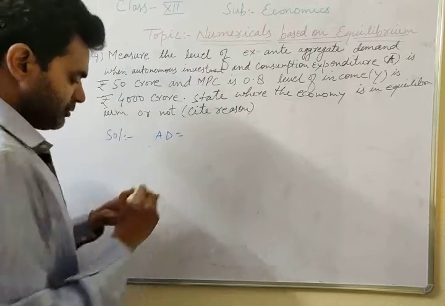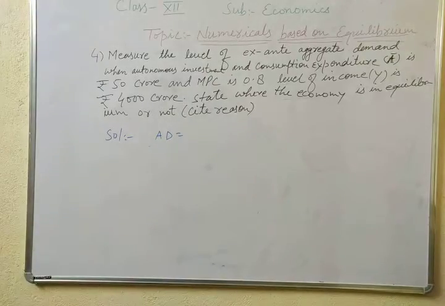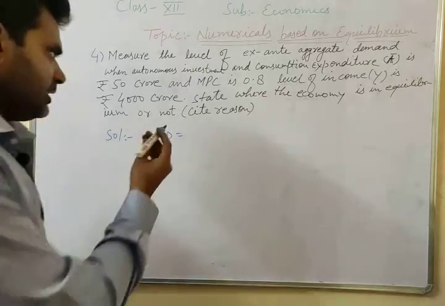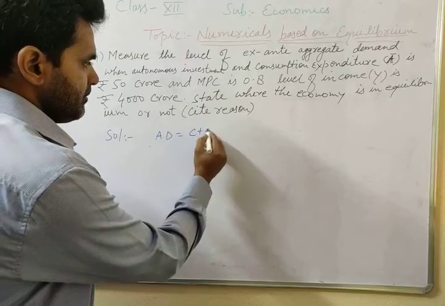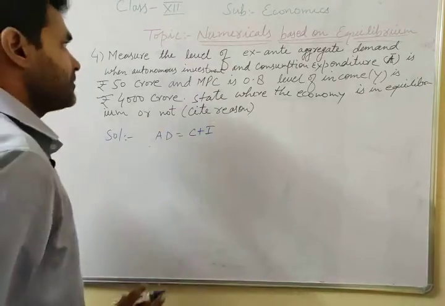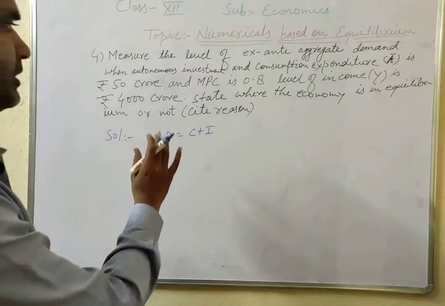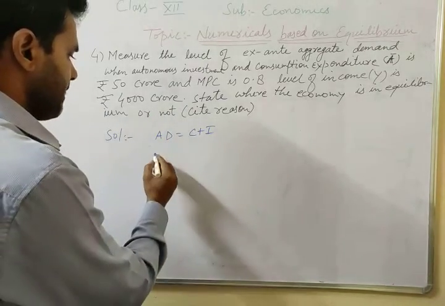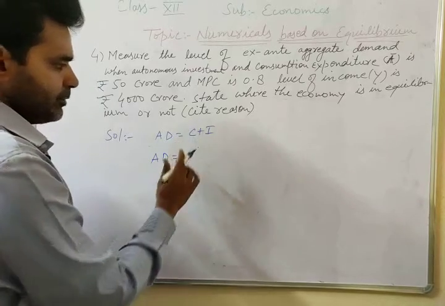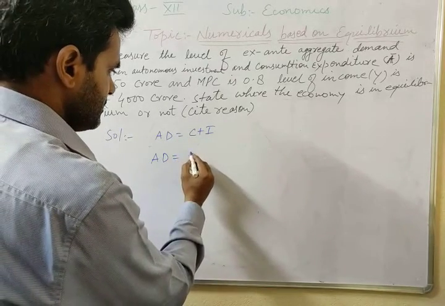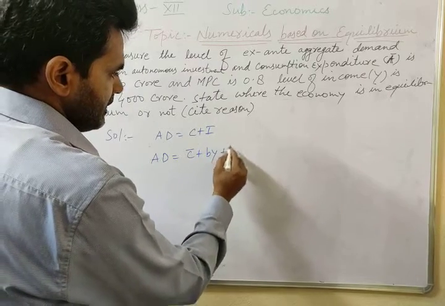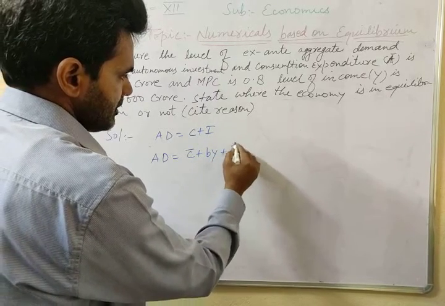So first we have to calculate AD. AD is equal to C plus I. This we know already. So we put the value over here. Now we can put the consumption function. This is C bar plus bY, then I is I bar.